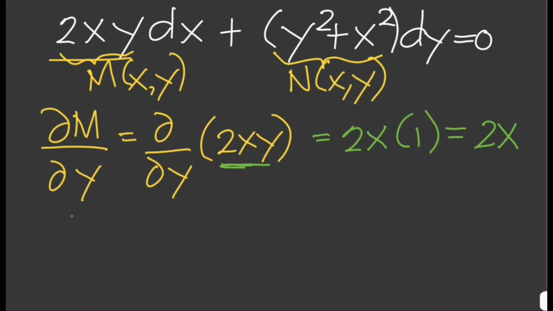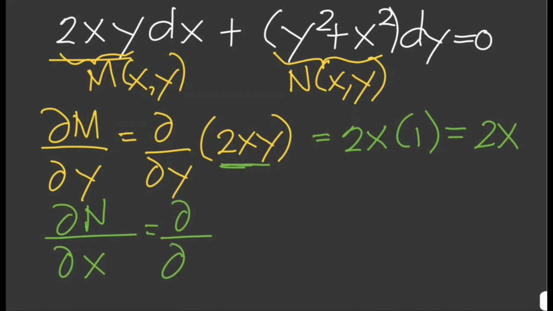Now we already have the partial derivative of function M with respect to y. Then we get the partial derivative of function N with respect to x. So that would be the partial derivative of y squared plus x squared.